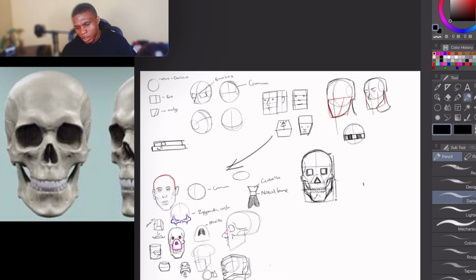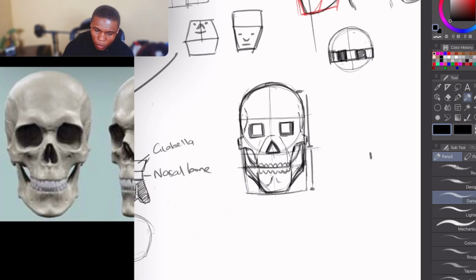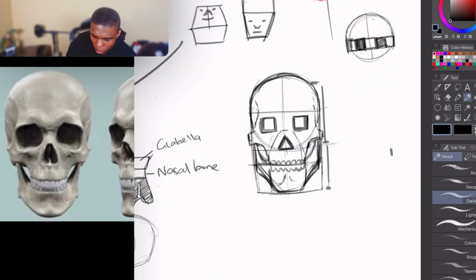Doesn't have to be exact, but some things you can note from drawing the skull in this angle is, number one, sections or thirds, dividing it into thirds. So we have a first third, a second third, a third third.